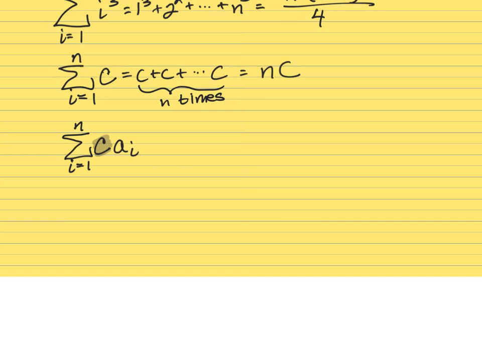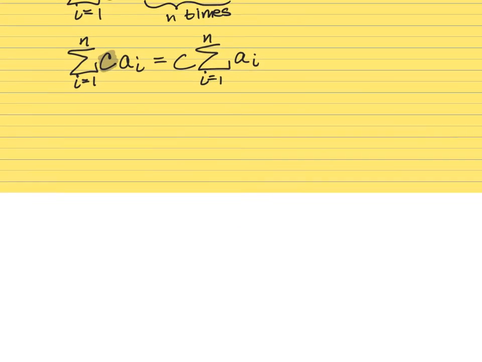Basically the rule is this: I can factor that constant out from the summation. So really all I'm then doing is c times the sum of the first n values of the a sub i formula, right?